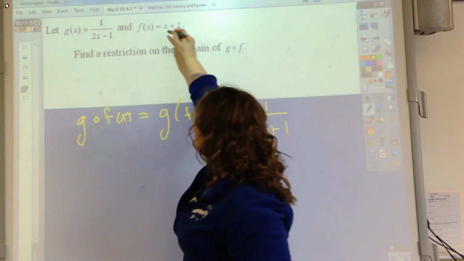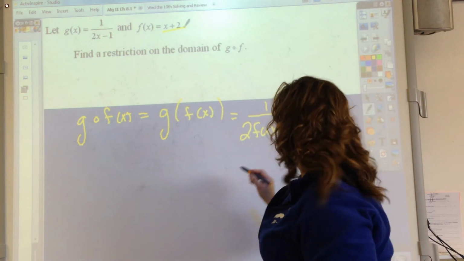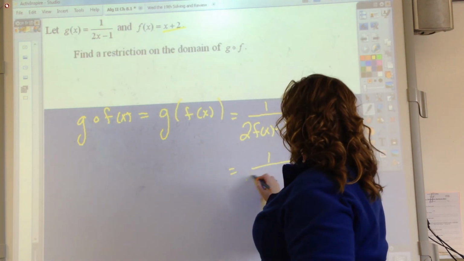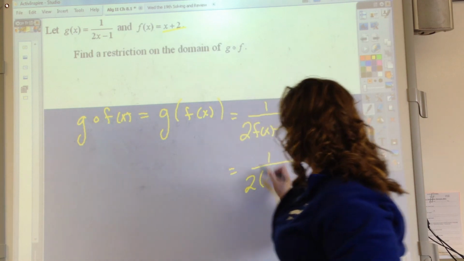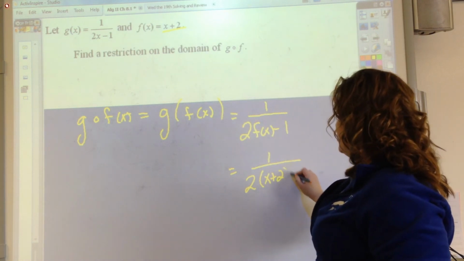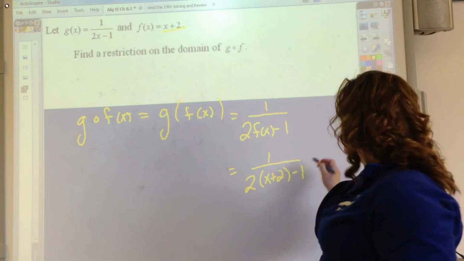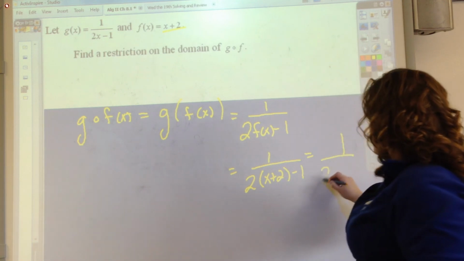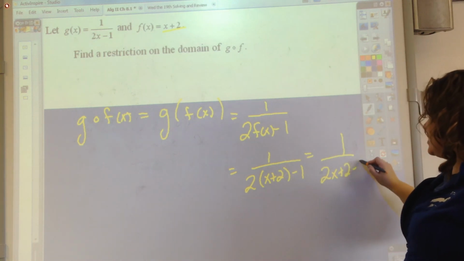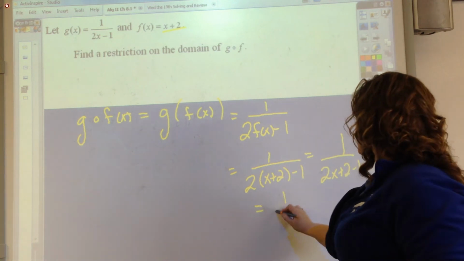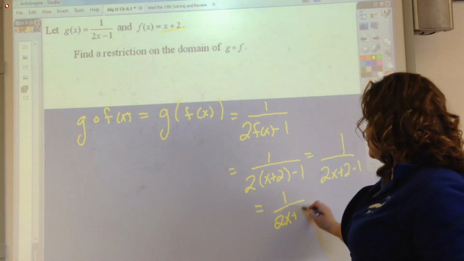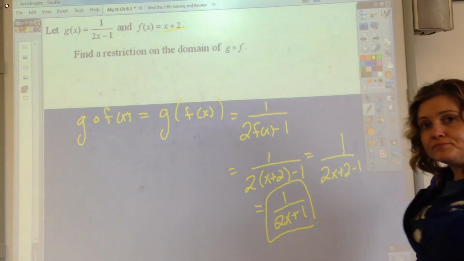Now f of x is actually equal to x plus 2. So everywhere I have f of x, let's replace it with what it's equal to. And when I simplify, I'm just going to distribute and combine like terms. I get 2x plus 2 minus 1. My final simplification is 2x plus 1 in the denominator.